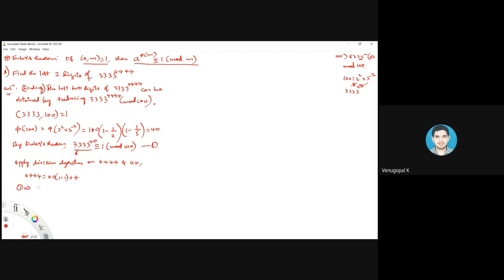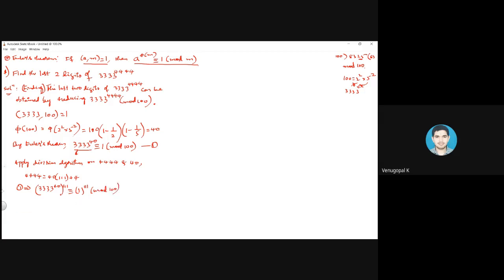Equation 1 would imply that 3333 power 40, whole power 111. Now my target is this: whole power 111 will be congruent to what is the right side here, 1 power 111 mod 100.